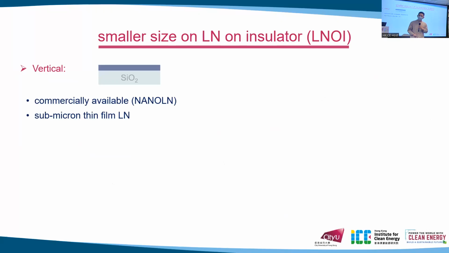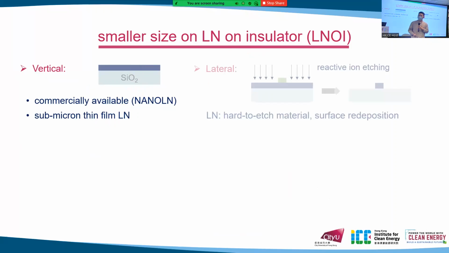The good news is that for the vertical part, we don't need to do anything because this is commercially available. This is not an advertisement, but we can directly buy this lithium niobate on insulator wafer, and a sub-micron thin film can be achieved. So we only need to care about the lateral part, and this is achieved by an etching process.